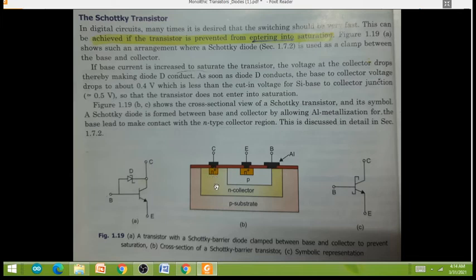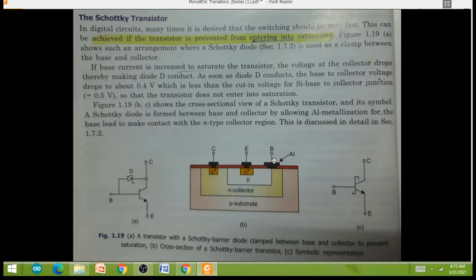So the collector you can connect as it is, the emitter is also there, but the connection between collector and base is done like this. The white one is the base, the yellow one is the collector. You are making a joint, shorting their junctions, and that would be your B. This aluminum junction creates the Schottky, where the metal is shorting both the P and N type.